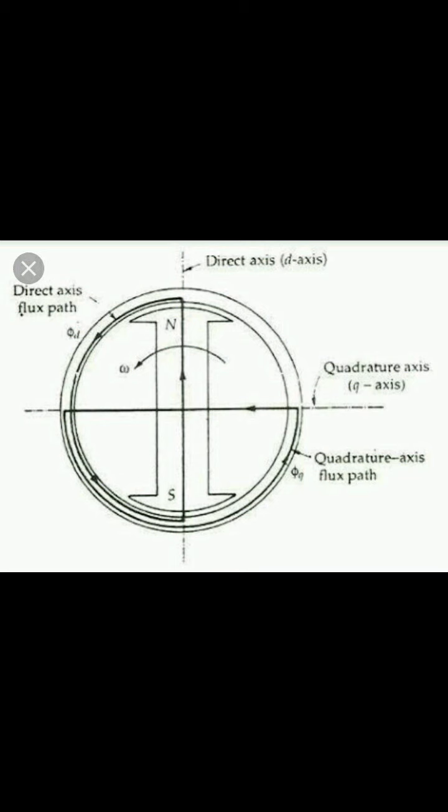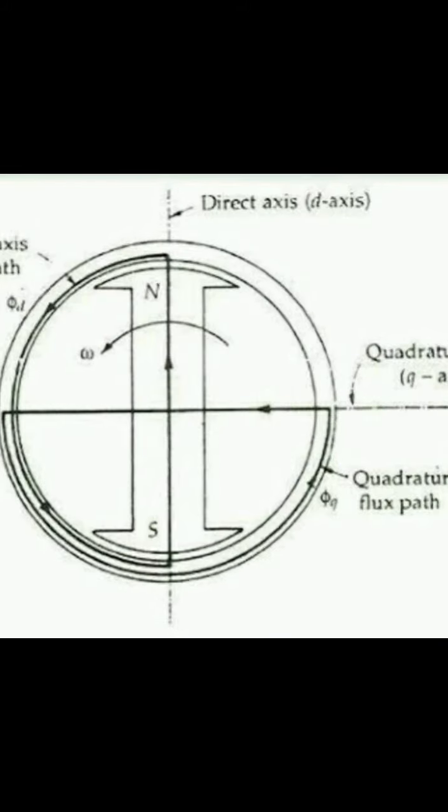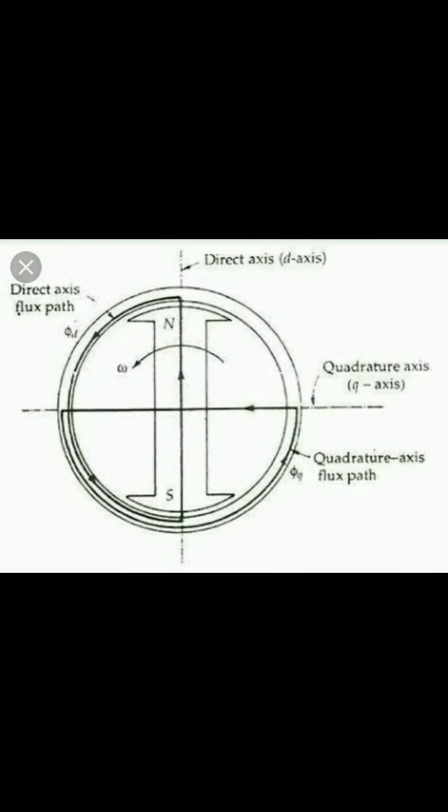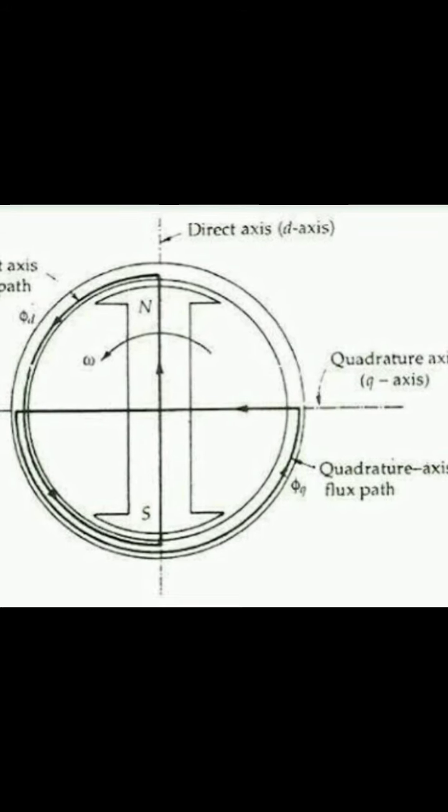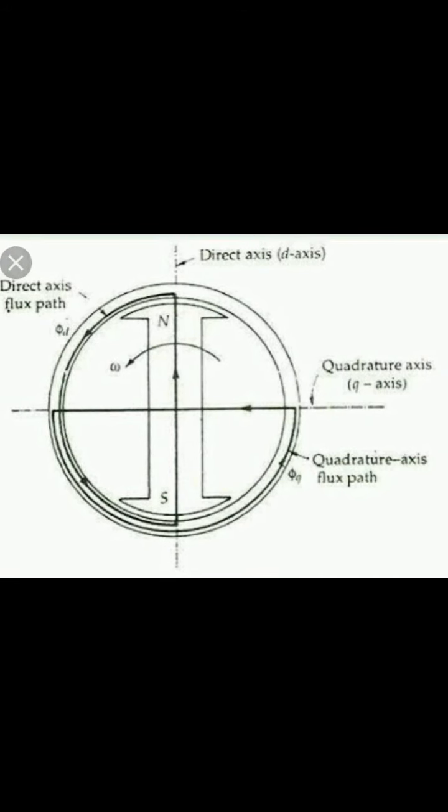As shown in the figure, there is one magnetic pole which has an N pole and an S pole. There is a center of the N pole, the direct axis, which is called the D axis, and the other axis is called the quadrature axis.